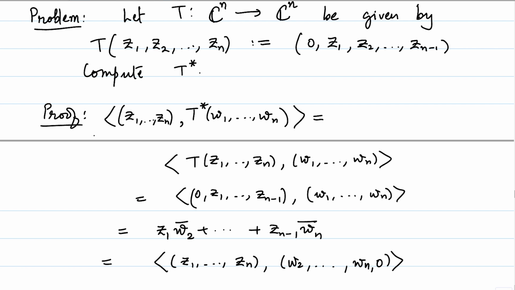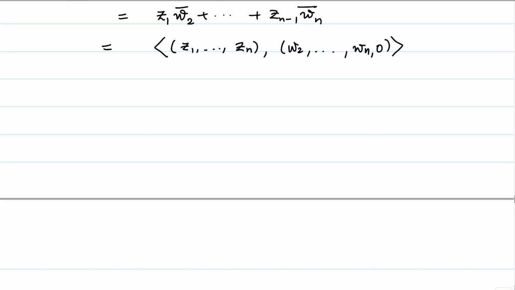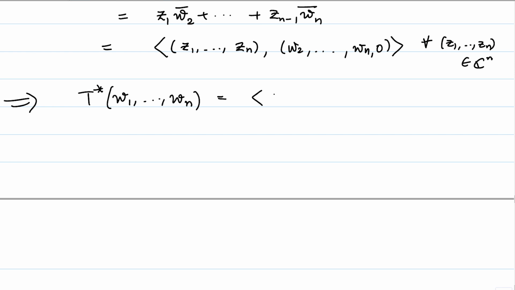Now again, by the uniqueness in the Riesz representation theorem, this is true for all Z1 to Zn in Cn. And this implies that T star of (W1 to Wn) is equal to (W2 up to Wn, 0).